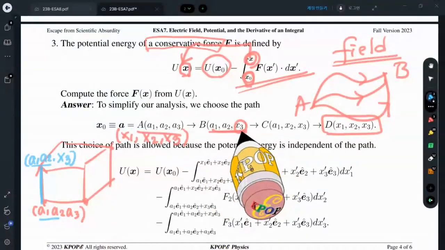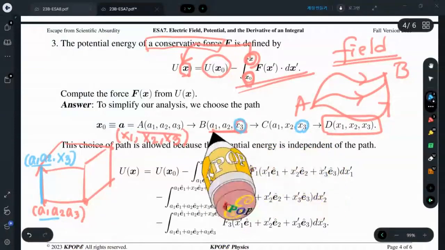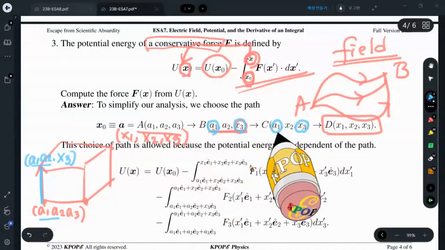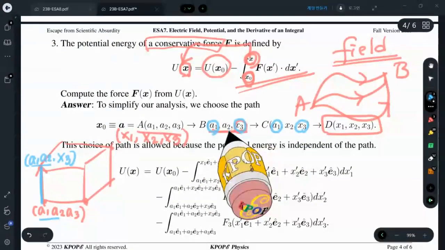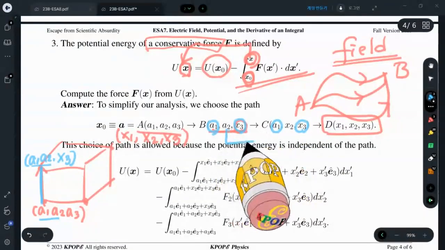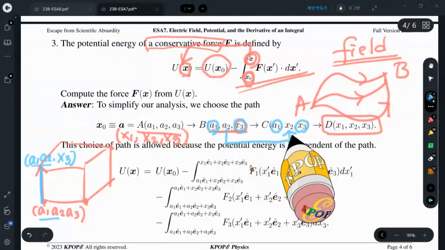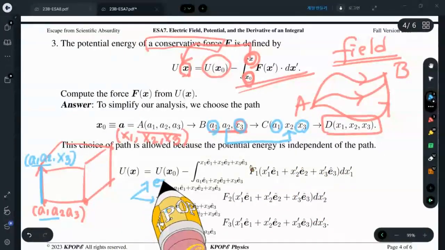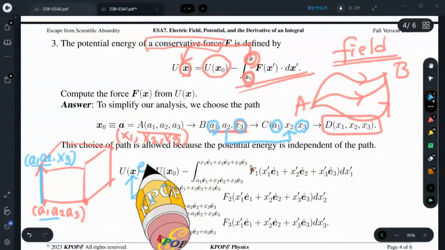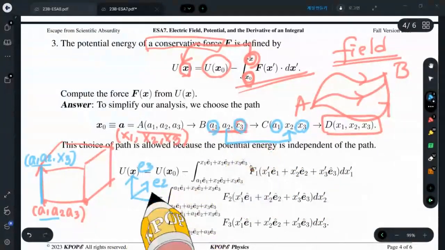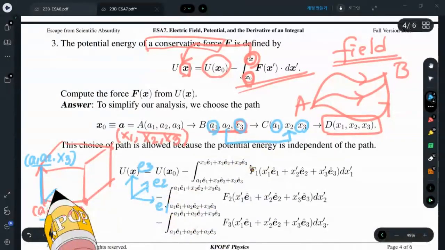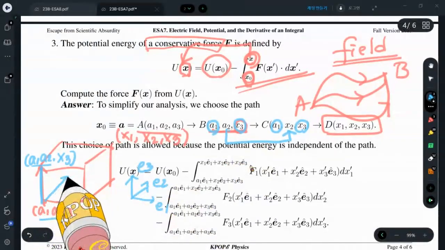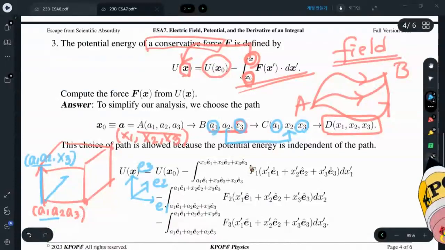And then the next step is to keep this X3 and A1 the same, and we vary A2 to X2. If we choose the E1, E2, and E3, then this is X2, this direction.